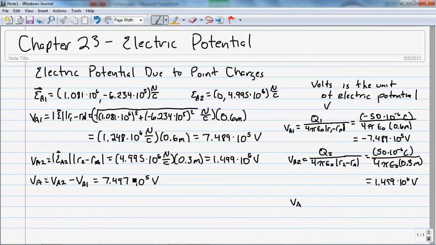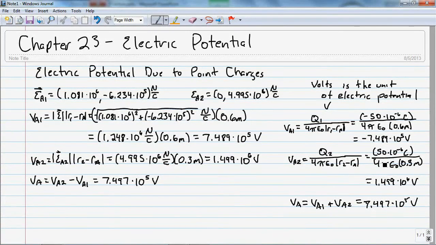In this first part, we took the direction of the vector, and that's why we did a minus. In this case, we're going to do a plus because we took into account the charge polarity. And that's going to be equal to 7.497 times 10 to the fifth volts.